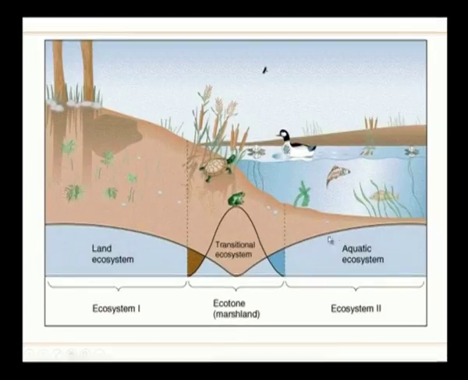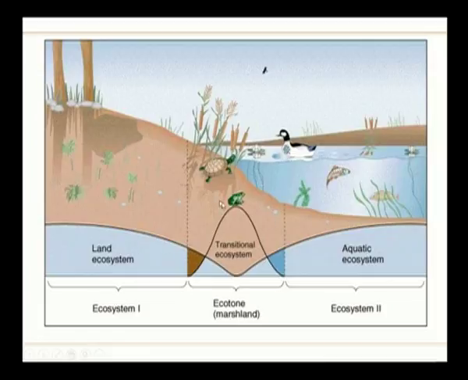So, as you see, this is a pond which shows different ecosystems. If you consider this an aquatic ecosystem, there is interaction between these elements. Then the land ecosystem is the plants, trees and other animals which might be present only on land.